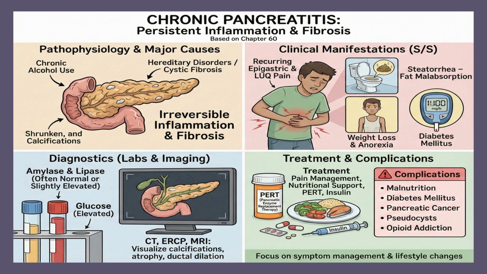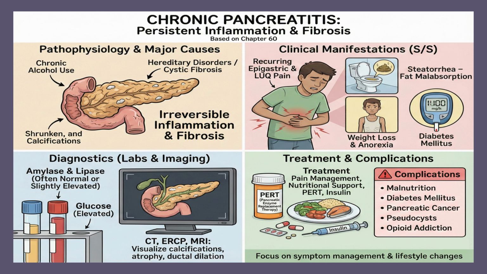This leads to maldigestion and glucose dysregulation. Clients with chronic pancreatitis typically experience chronic upper abdominal pain that may radiate to the back and often worsens after eating or consuming alcohol.